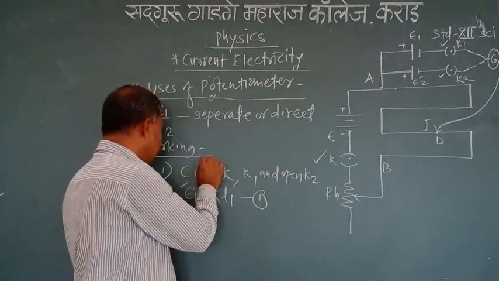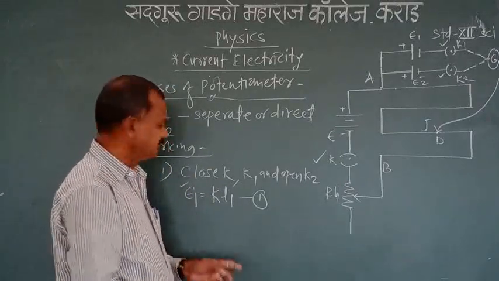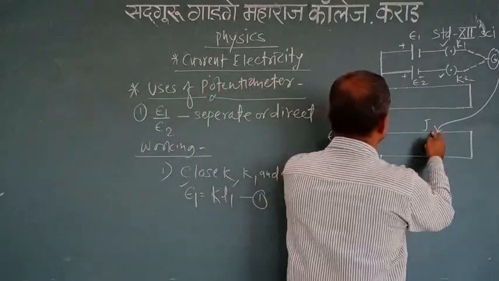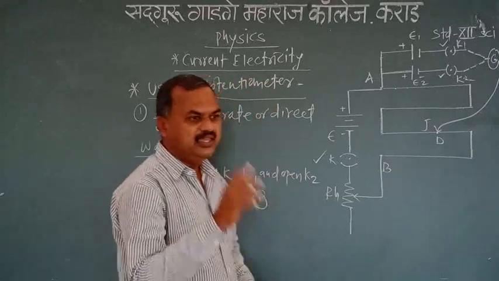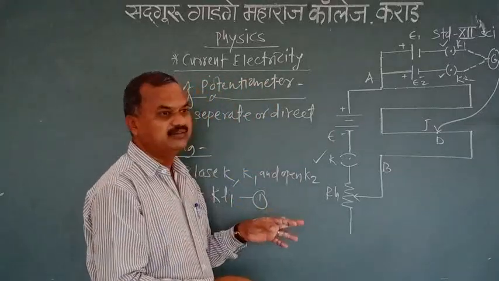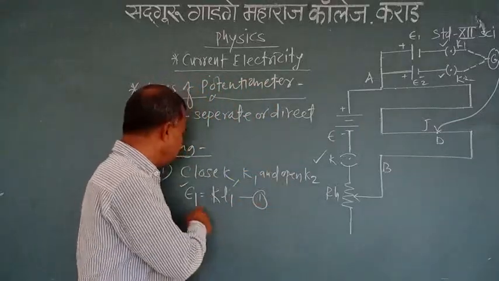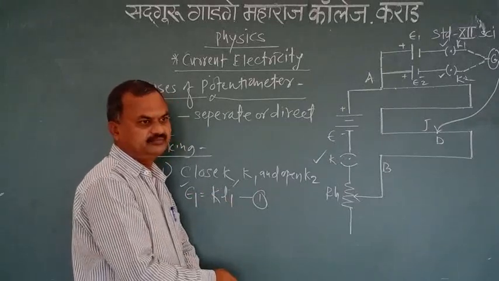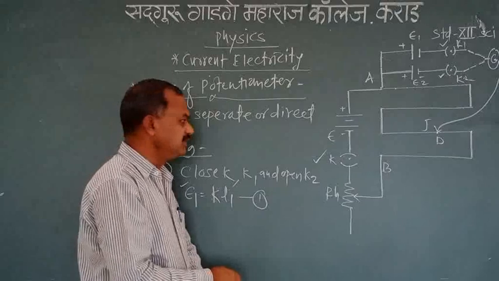In that case, the fall of potential across the wire having the length L1 is nothing but EMF of given cell E1. Therefore, we write the equation like this: E1 is equal to KL1. This is first part of that experiment.